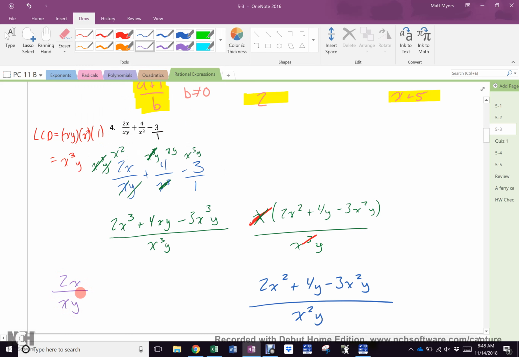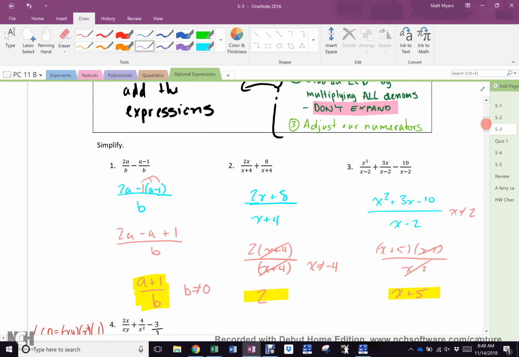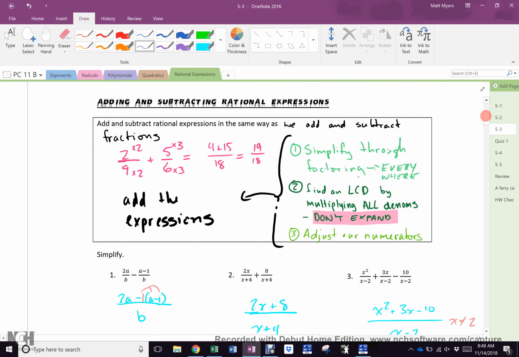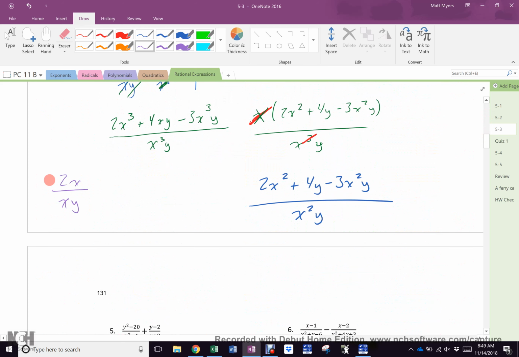So when I do that, they both multiply by x cubed y. So I'm going to multiply this by x cubed y, which means that's technically over 1, yeah? That's why this is working. That's why I'm just canceling over here. Everybody cool? All right, let's try the next one.